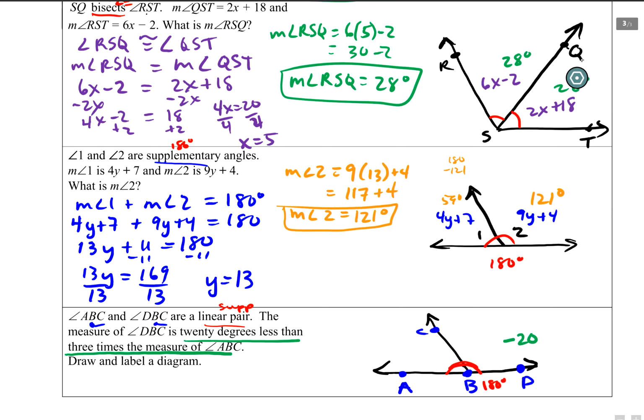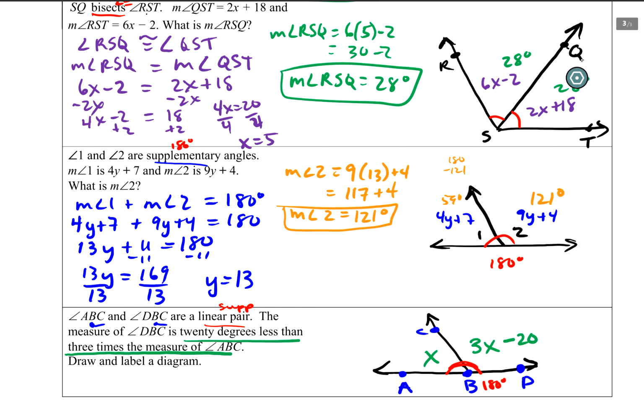So it's 3 times whatever this angle measures. Well, what does this angle measure? I don't know. When we say I don't know in math, that means x. But I know this one is 3 times that minus 20.